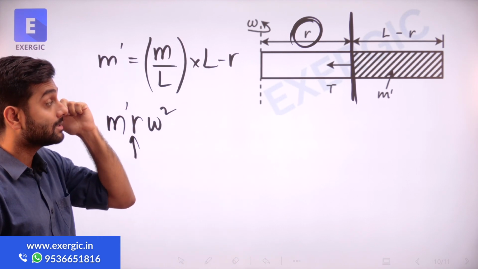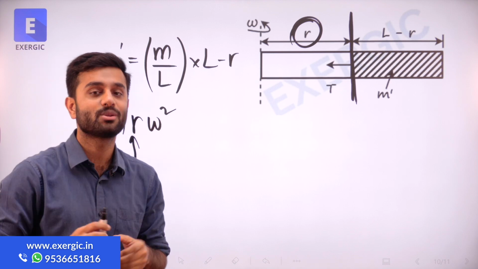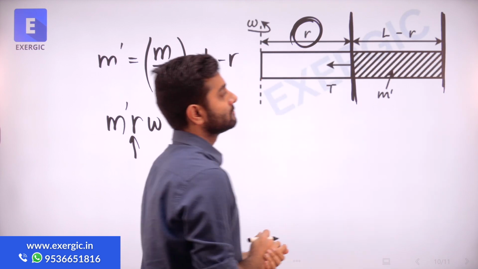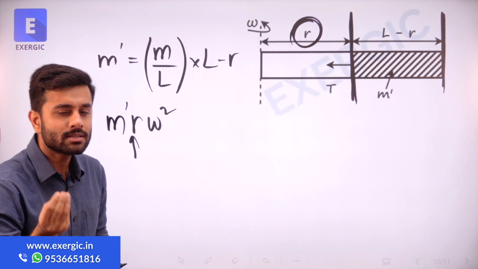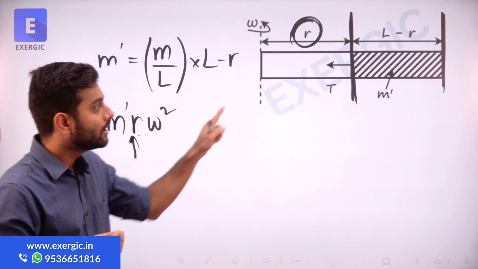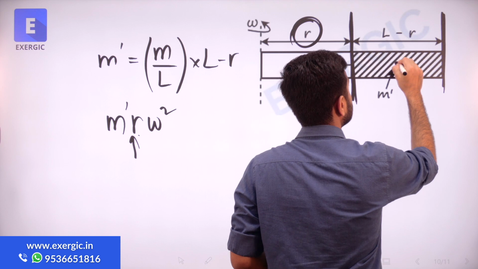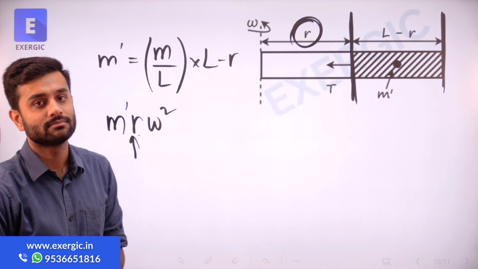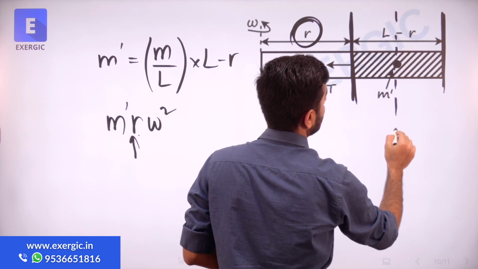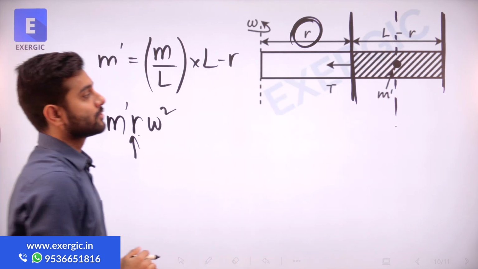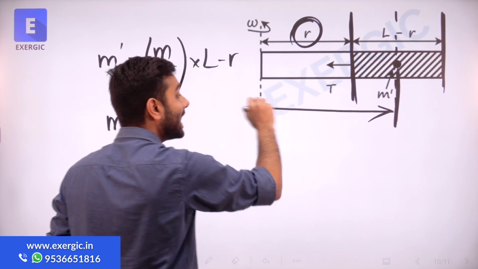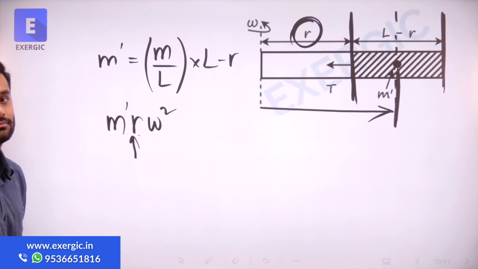The issue here is that the mass is not a point mass, it is distributed from here up to here. In such cases, where do you consider the mass to be located? Because r is the distance of mass from the center, you will find out its center of gravity or center of mass, right? Which will be at the center, it will be here. So this is the point up to which you have to find the distance from here. That will give you this value of r.